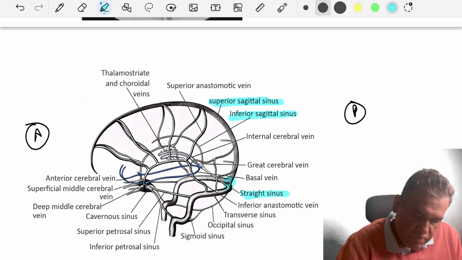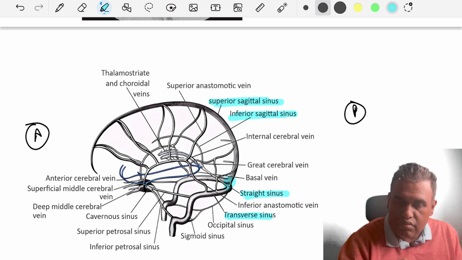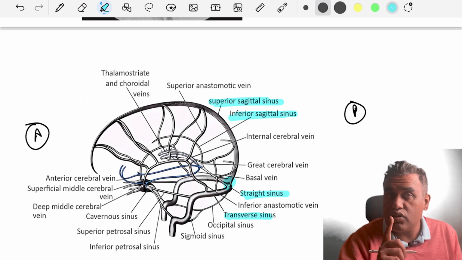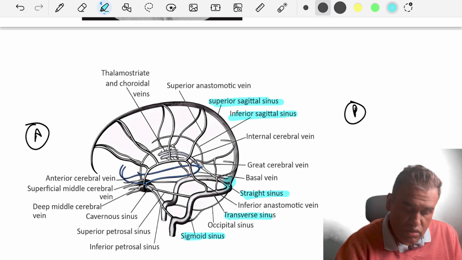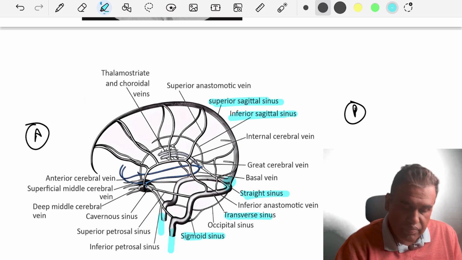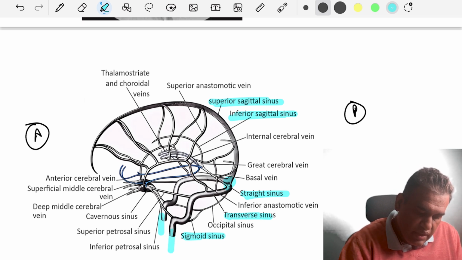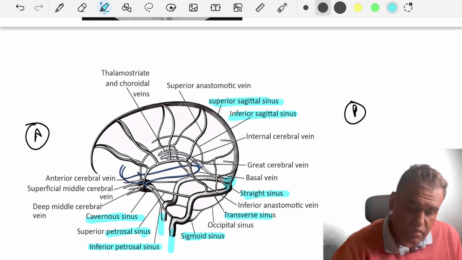From the confluence, the two transverse sinuses run on the sides, remember, at the posterior border of the tentorium cerebelli. These continue as the sigmoid sinus, which goes down as the internal jugular vein. The transverse sinus is connected via the cavernous sinus through the superior and inferior petrosal sinuses. These are the five to six important sinuses you should know.